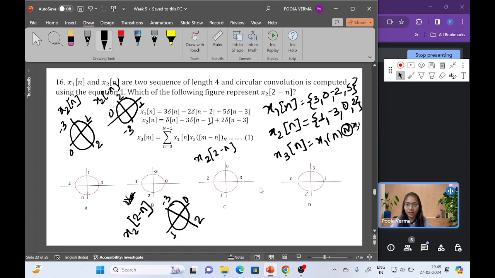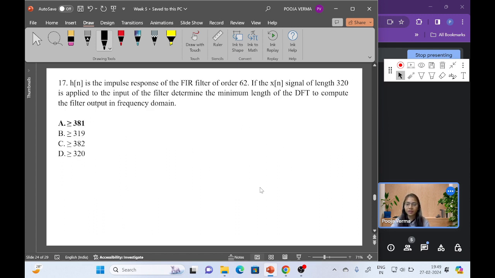Okay, so moving to the next question. h of n is the impulse response of the FIR filter of order 62, and if the x of n signal of length 320 is applied to the input of the filter, determine the minimum length of the DFT to compute the filter output in the frequency domain.